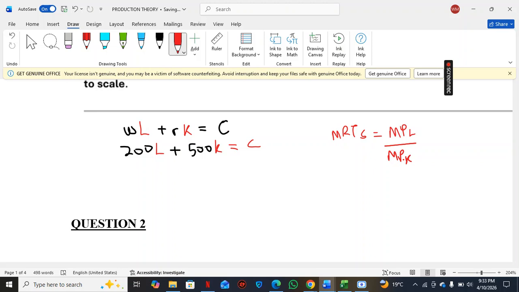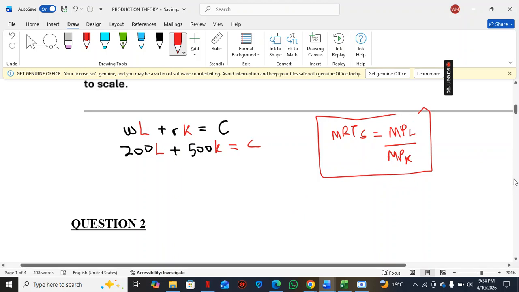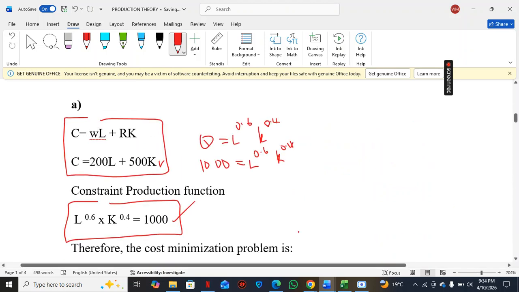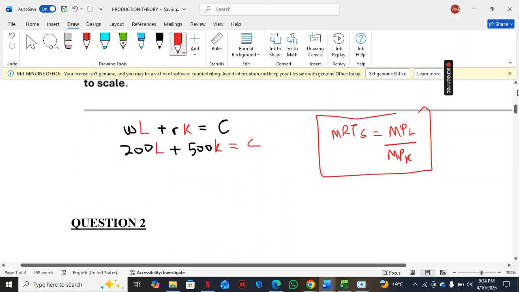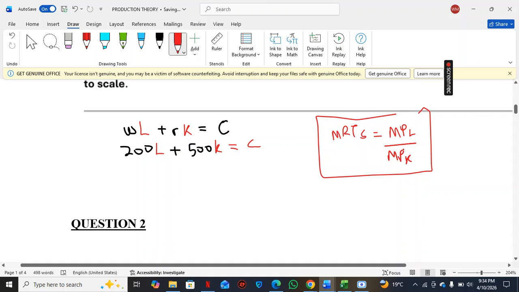So it means you have to differentiate this production function, Q equals L to the power 0.6 K to the power 0.4, using partial differentiation, so that you can get MPL and MPK.